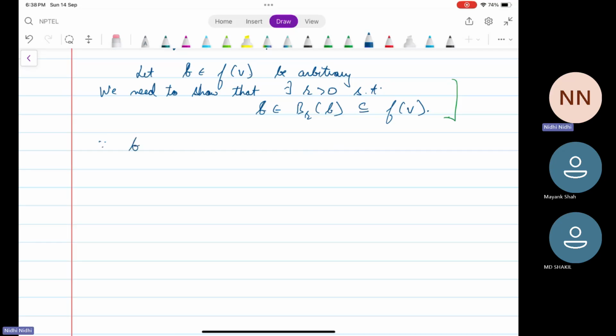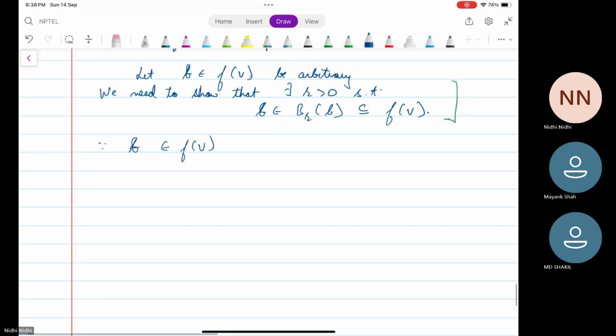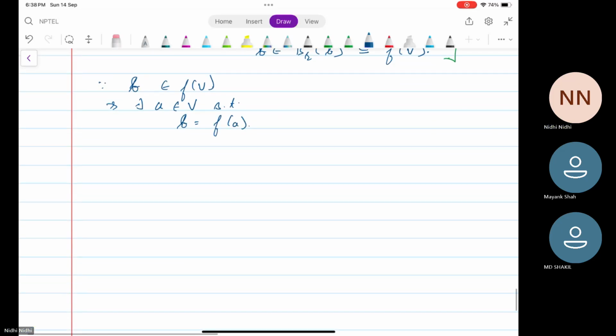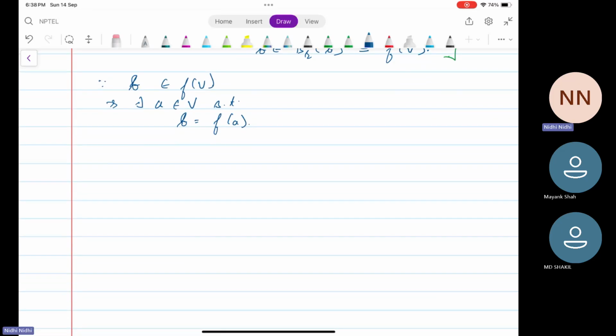Since b is an element of f(V), clearly we can find some a in V such that b is equal to f(a). Now since df(x) is invertible for every x in U, we get that df(a) is also invertible.